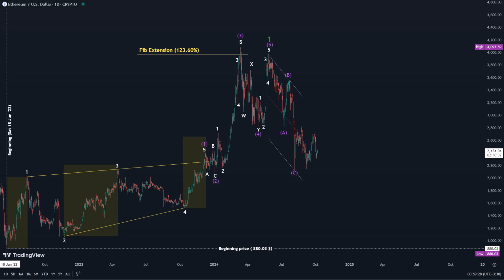As for the second wave, it experienced a significant decline compared to Bitcoin. It appears to be completed as a simple zigzag.